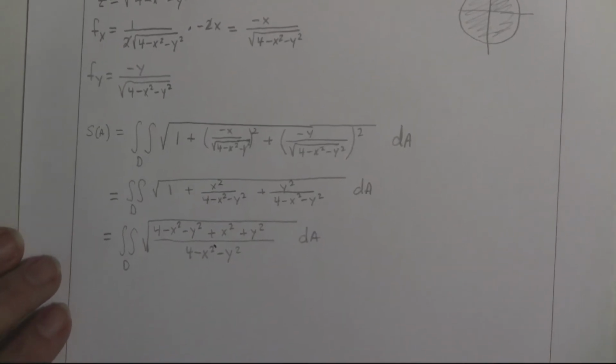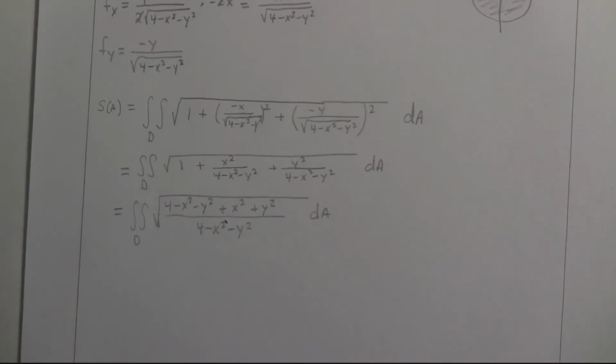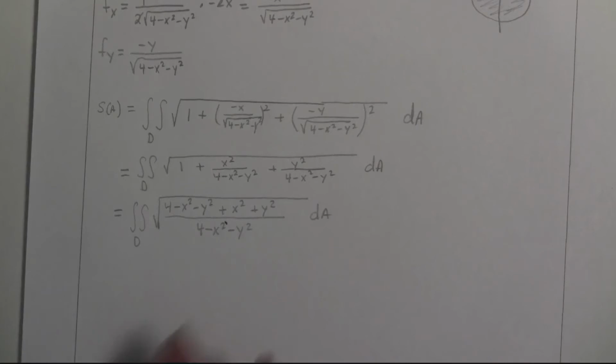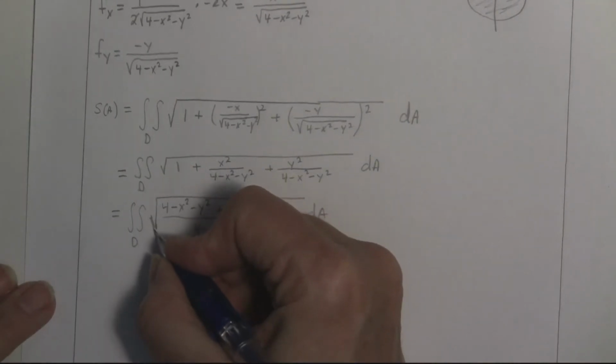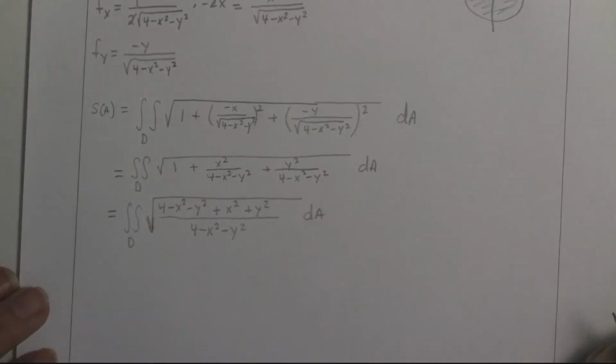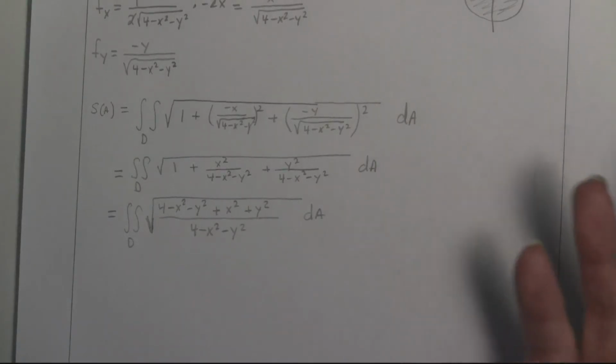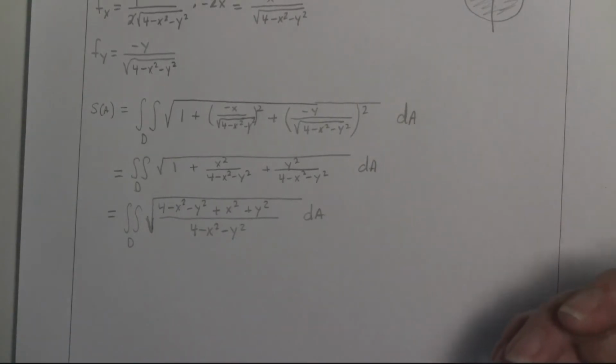And so see how the x squared and the minus x squared and the plus x squared just all went away, just kind of coincidentally. I didn't really think that I would make that happen, but it sort of just happened, and it was kind of lovely. I was thinking I was going to have a bunch of x squareds and y squareds in the numerator and the denominator, and every time you have an x squared plus y squared combination, you're having an r squared.